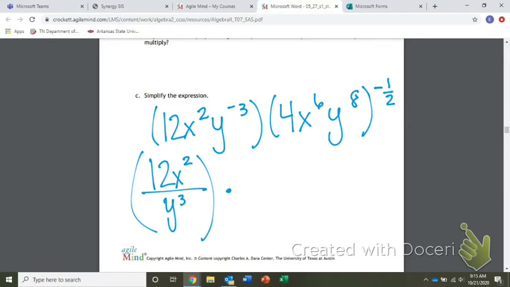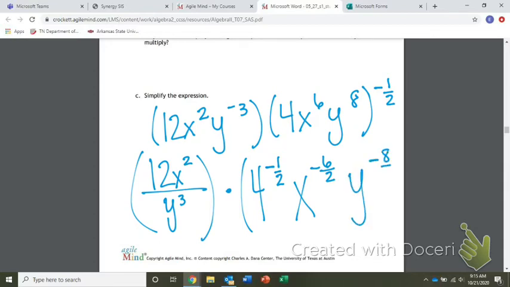So, let's see. All right, so we take each part and we raise it to the -1/2 power. So we have 4 to the -1/2. We have x to the -6/2. And we have y to the -8/2.